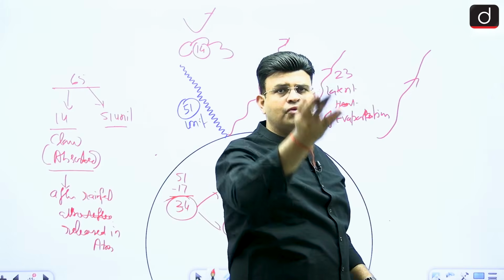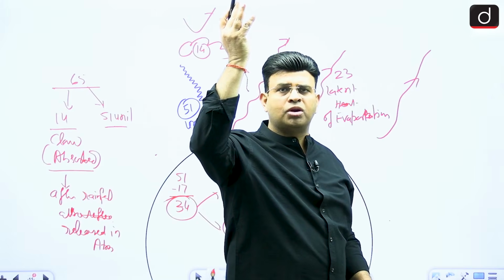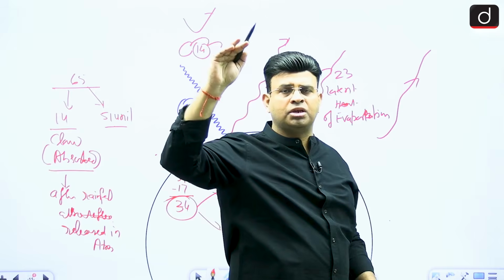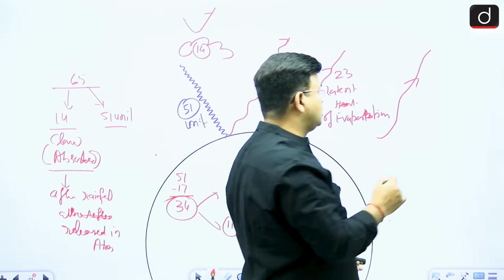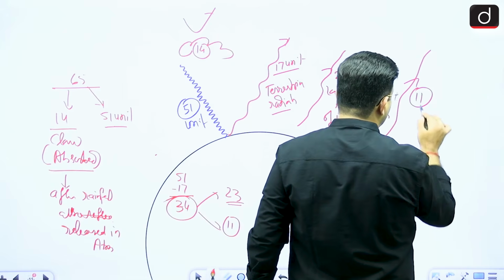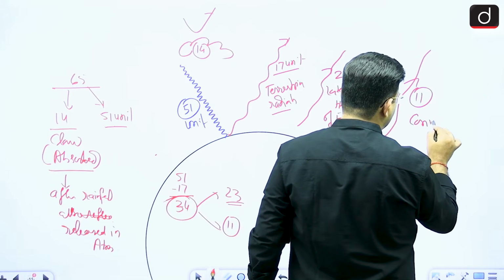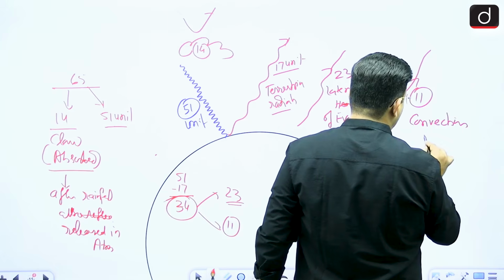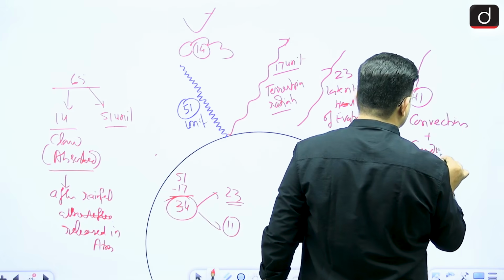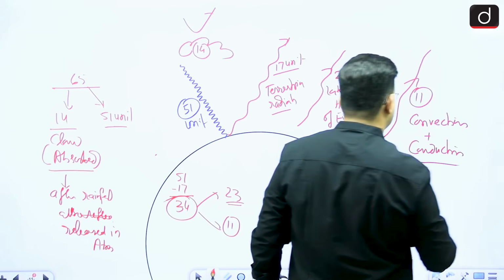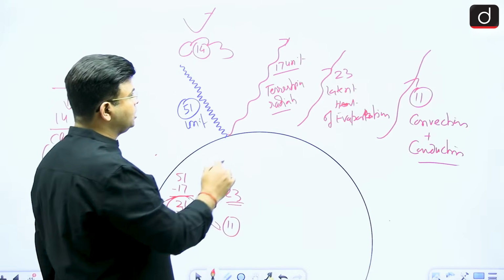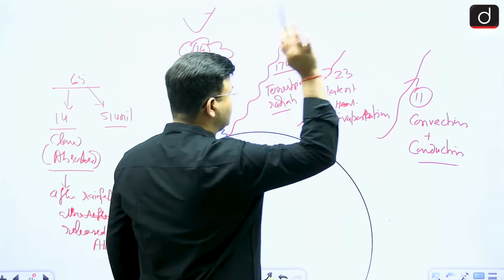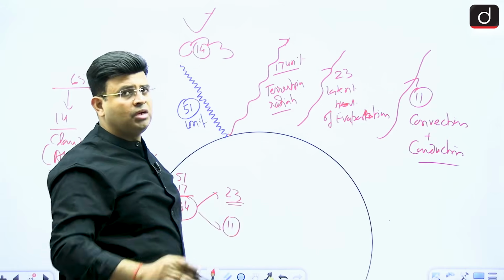When warm air moves upward and takes the heat to the upper surface, it is known as convection, and heat also moves in the form of conduction. So the 11 units moves upward through convection and conduction. This way the heat is moving into the atmosphere. So all this: 51 units comes in and then 51 units goes back.